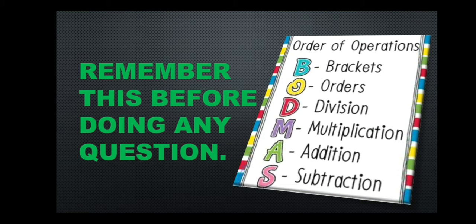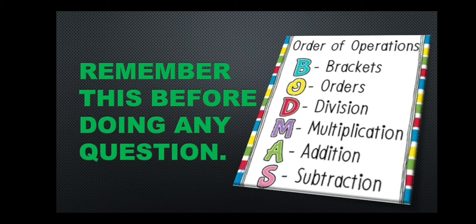Before doing any question, you have to remember the four basic operations, and besides the four basic operations, B and O. BODMAS, the full form of BODMAS, is written here. B stands for brackets. There are usually three types of brackets. O stands for orders, or we can say of. D stands for division. M stands for multiplication.